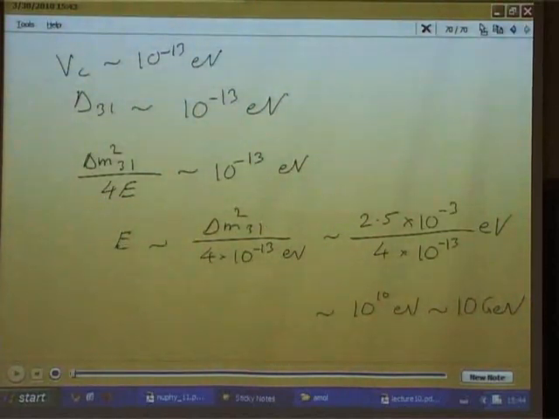So this tells you that if you want to do such an experiment, where you will get all this hierarchy and data set and so on, you will need to do the experiment at energies around 10 GeV. So without doing anything else, just by these estimations, we know that our experiment has to be near 10 GeV.